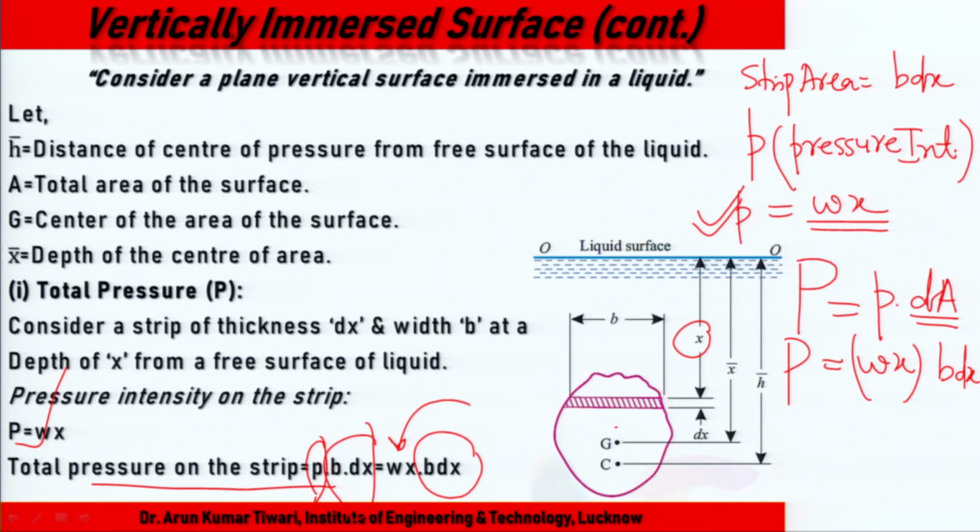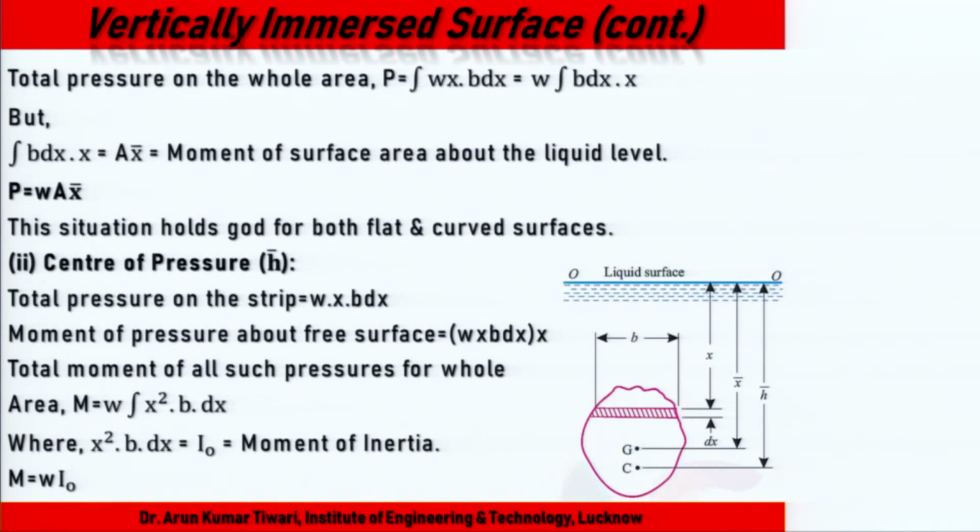B dx is the area of the strip, so area into x becomes a moment with respect to OO, known as the first area moment.